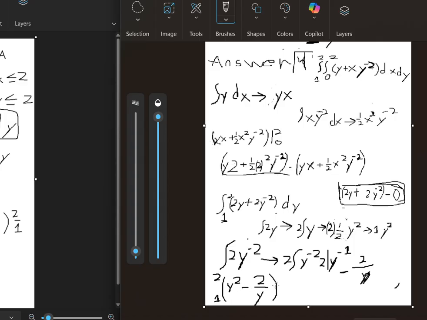So there's the equation: Y to the second power minus 2 over Y.